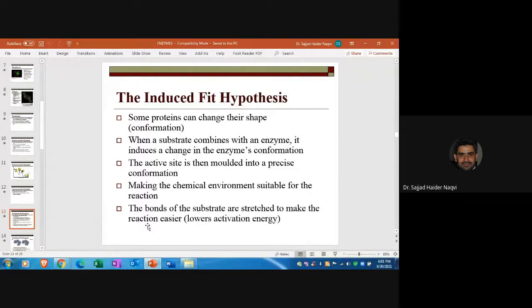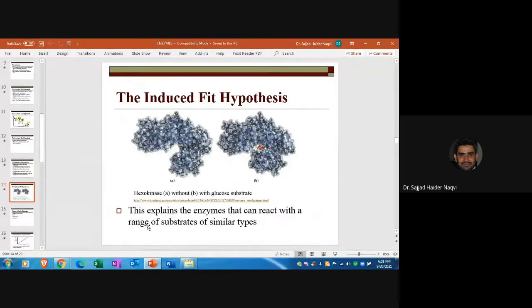So this is called the induced fit hypothesis, and this is the picture of hexokinase A and B with or without the substrate, which is the glucose molecule. As you can see, this one and this one. Binding of the substrate results in the conformational change, while without that, it is an open site. So this explains the enzymes that can react with a range of substrates of similar type.